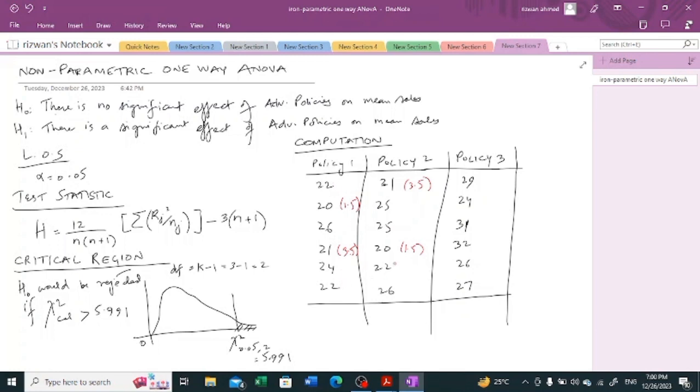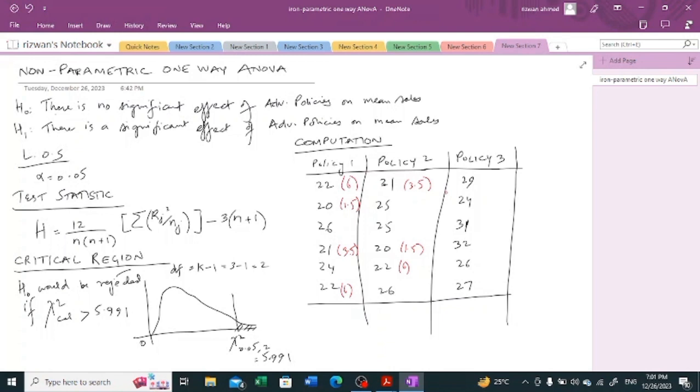The ranks of these three should be 5, 6, and 7, so we take the average of 5, 6, and 7. That gives us 6, so we assign all three values the rank of 6.